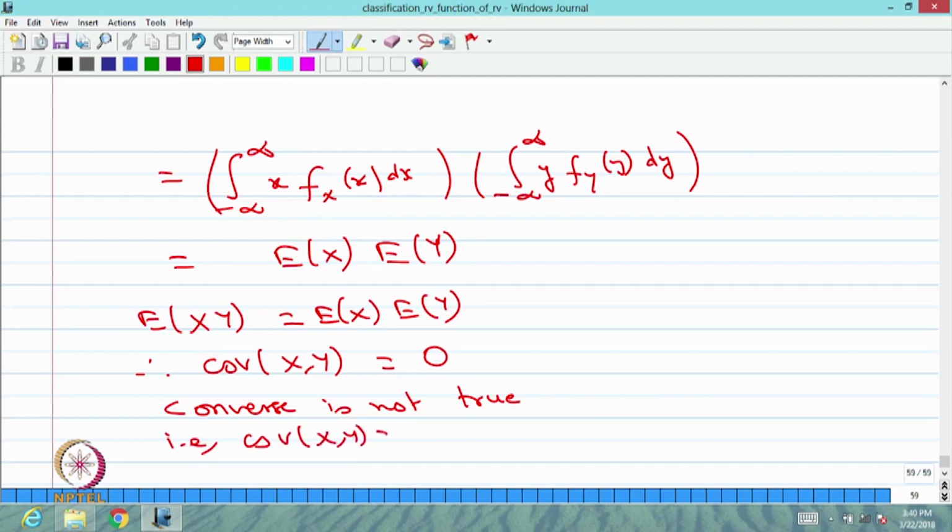Covariance between any two random variables being 0 does not imply the random variables x and y are independent, whereas if x and y are independent random variables, then the covariance of x comma y is going to be 0.